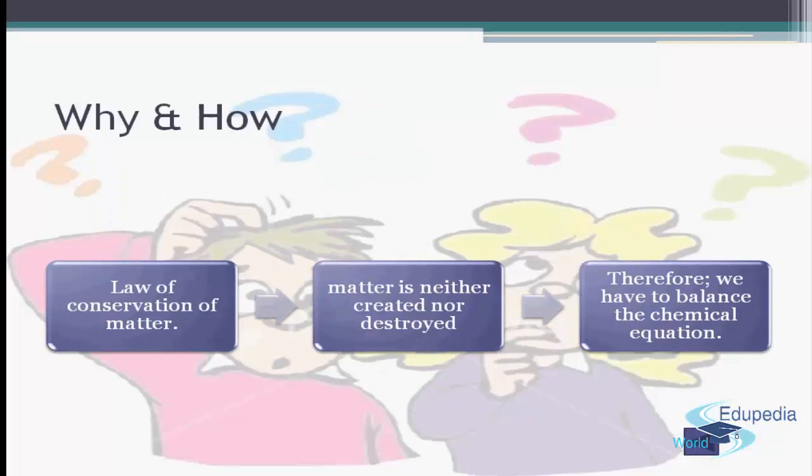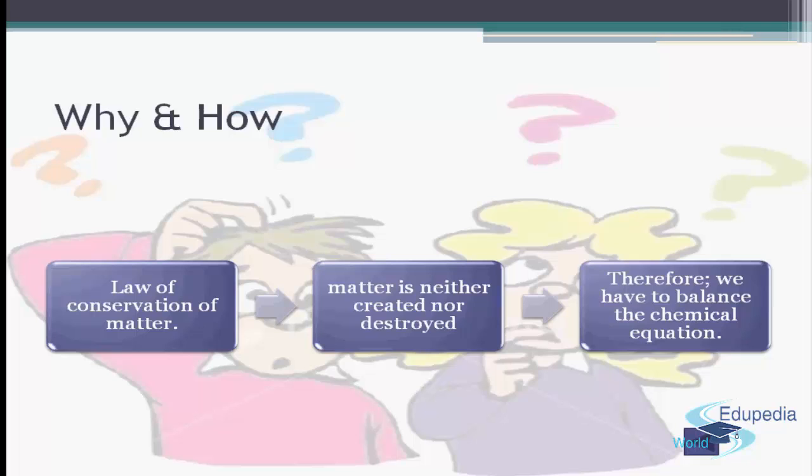That is, we call it balancing of the chemical equation. So here the concept is why we balance the equation. Why do we balance the chemical equation? Because according to the law of conservation of matter, matter is neither created nor destroyed.